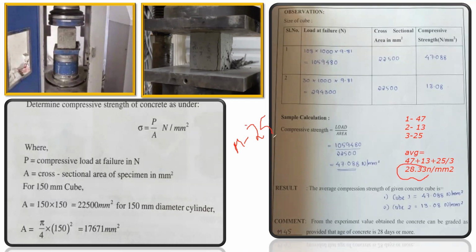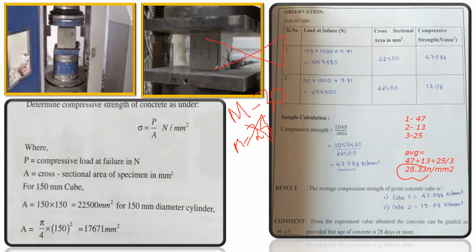Suppose instead of M25, I had designed my concrete for M30, and after doing the test I found that at the end of 28 days my concrete is not able to gain the strength of 30 Newton per mm square. It's getting 28.3, which is less than 30 Newton per mm square. That means the mix design you have done is not correct.